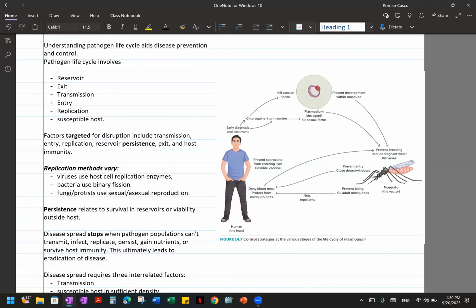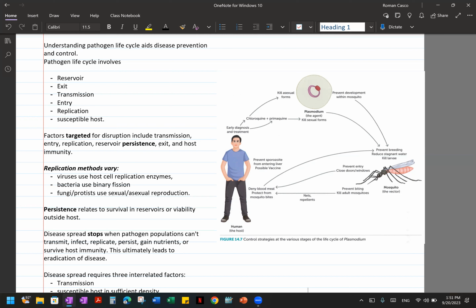Sporozoites, right? Either way, you need to remember these: the life cycle, exit and entry portals or pathways, the reservoir host, the method of transmission, how it actually replicates and reproduces inside individuals, and the susceptible host. In the majority of cases, the susceptible host is human.